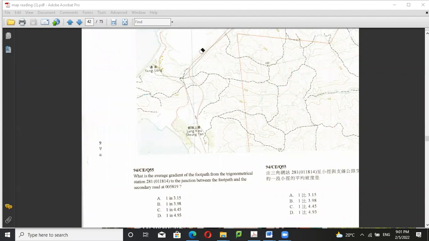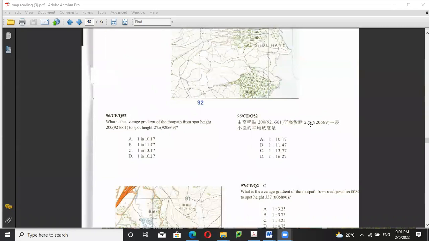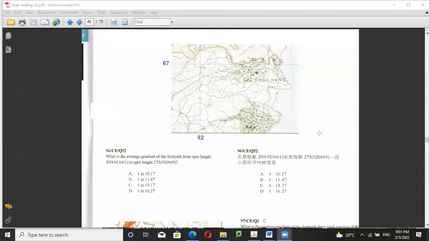And then next, right here, we are talking about the slope between two hills.